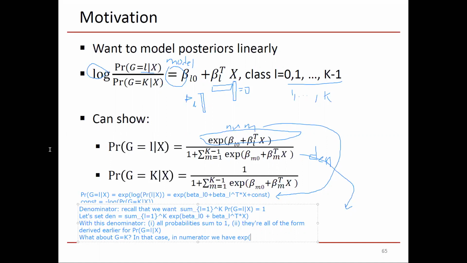Recall that we started with a definition of the probability of G equals L given X, divided by the probability of K given X, being a linear form. The linear form is now 0.